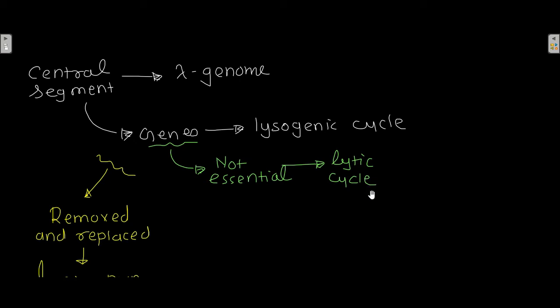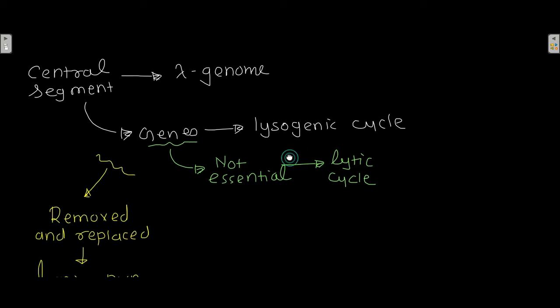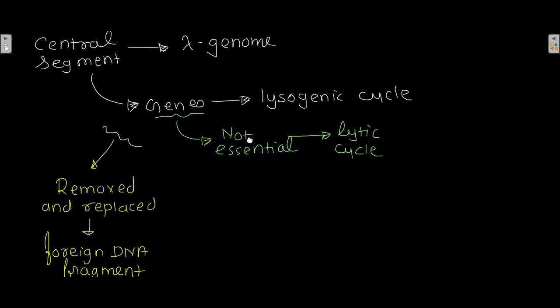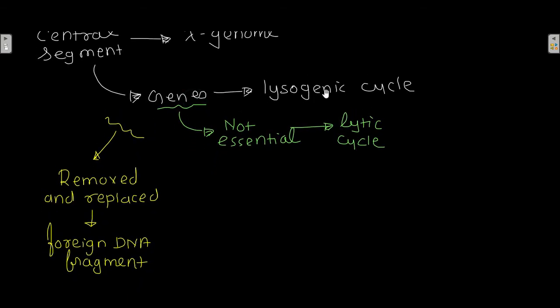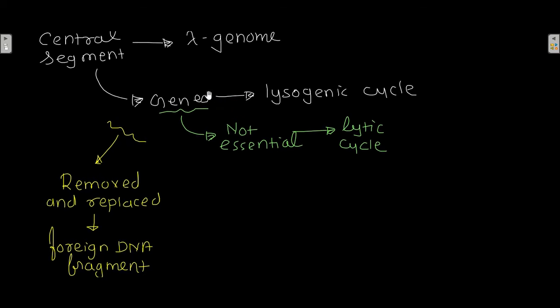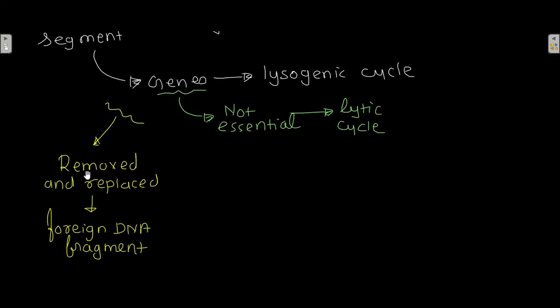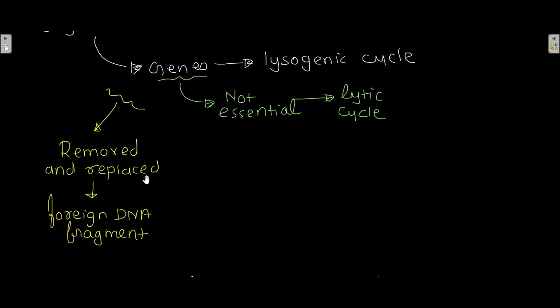So the genes which are responsible for the lysogenic cycle are not essential for the experiment, and that is the reason why these genes, which are present at the center of your lambda genome, are removed and replaced by the foreign DNA fragment. That is how this replacement lambda vector works.